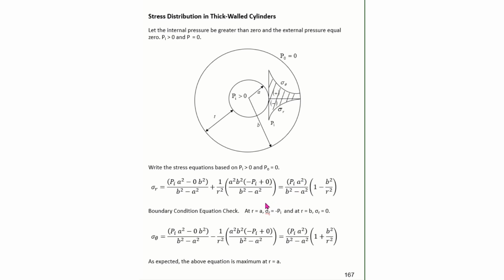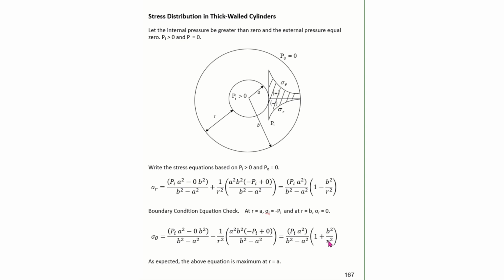Now if we look at the sigma theta stress, we can see that we get a minus sign here, which results over here in a plus sign. So now when I put in A, I can see that I'm going to have 1 plus B squared over A squared.